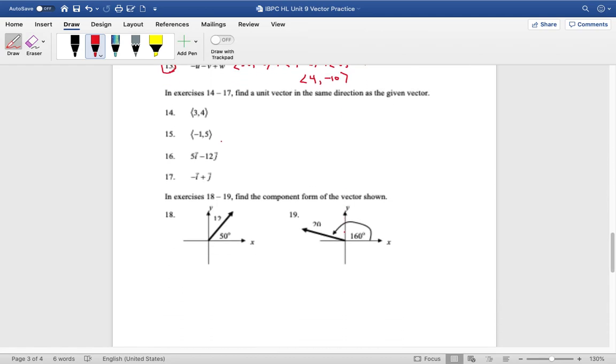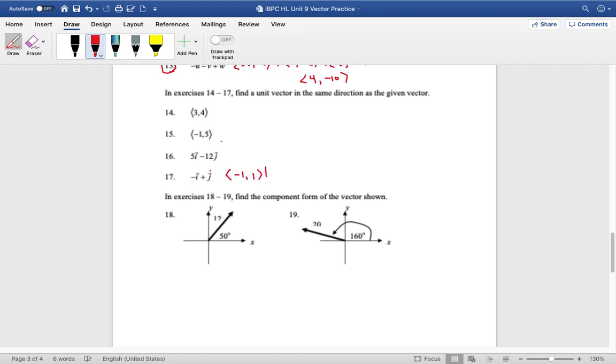The next group of problems was asking you to practice unit vectors. Find the unit vector in the same direction as the given vector. So this is negative i plus j, which is kind of funny to ask for a unit vector in that instance. But what they're asking you for is to look at component form, which would be negative 1, 1, is how I think of that.